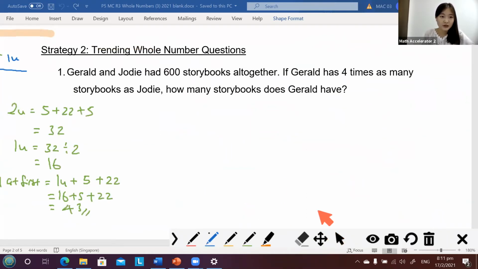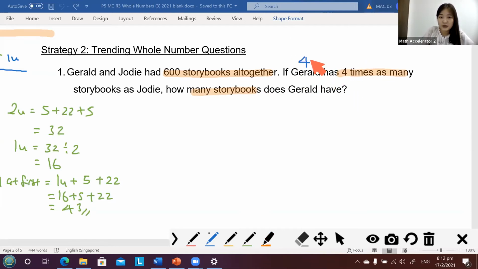Okay, just drink. So Gerald and Jody had 600 storybooks altogether. If Gerald has 4 times as many storybooks as Jody, how many storybooks does Gerald have? Even though this question seems quite easy, some of you can still get it wrong if you're careless. First of all, Gerald is 4 times of Jody.